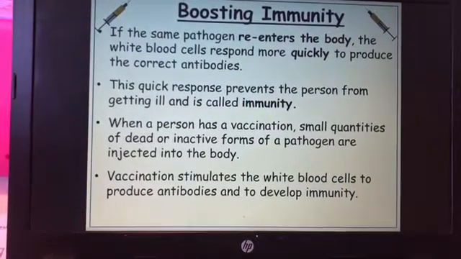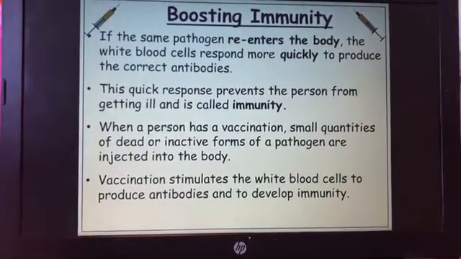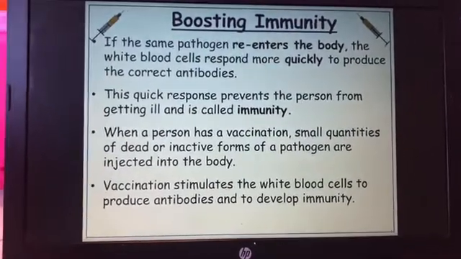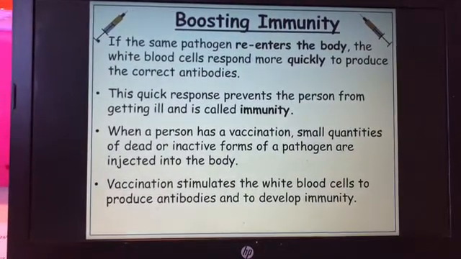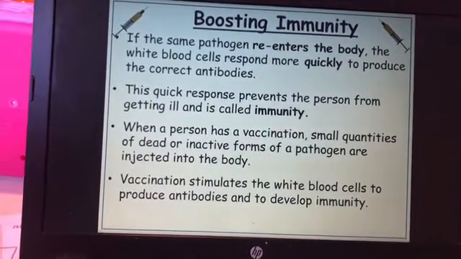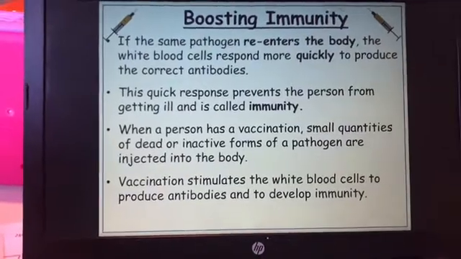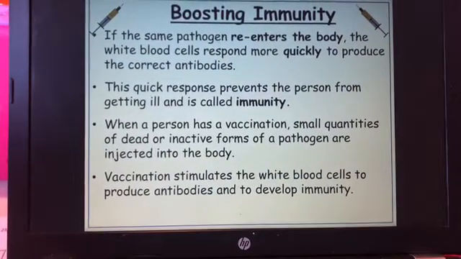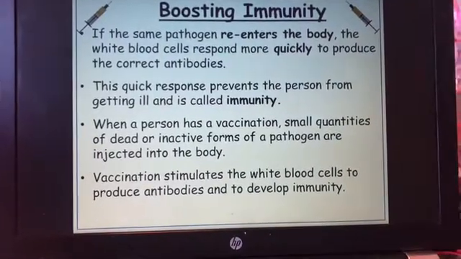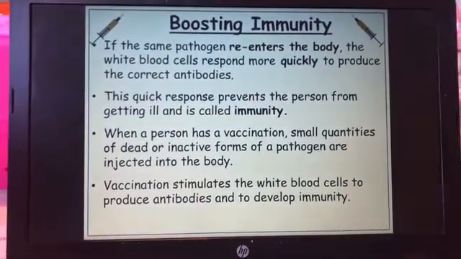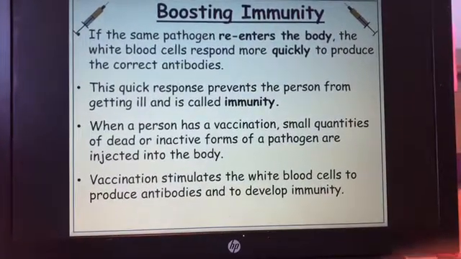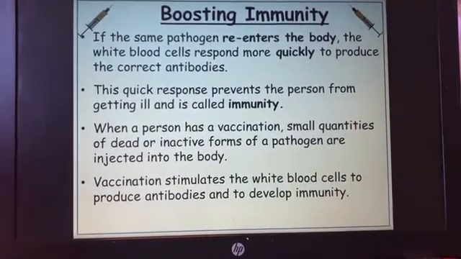Once you've had the first infection, your body would produce memory cells which would remain in your body, which means that if you got reinfected by the same pathogen, you would be immune to it, because your white blood cells would use the memory cells, recognise the antigen straight away, and produce a lot of antibodies really quickly to fight the infection. So the second time you get the infection, you won't get ill. And that is what is known as immunity.